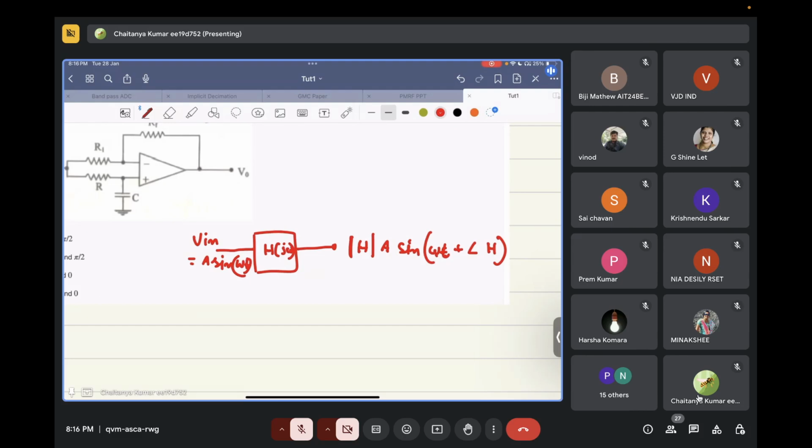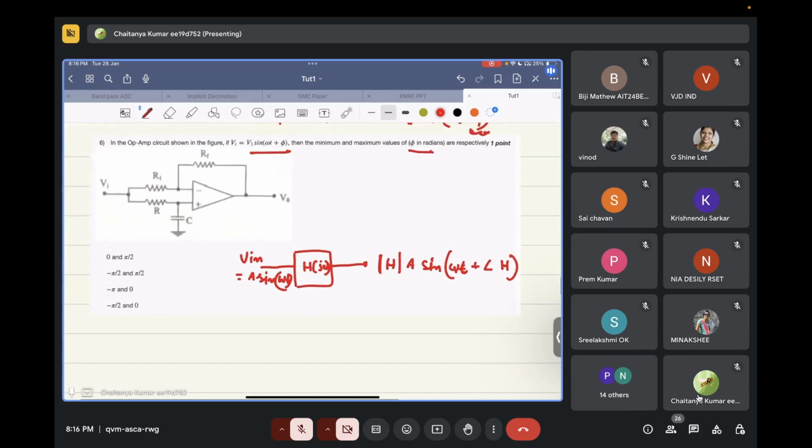I hope you guys are familiar with Fourier and Laplace transforms, right? Guys, can anyone confirm? Okay, so I hope it is clear that A sine omega t is called the eigenfunction of any transfer function.